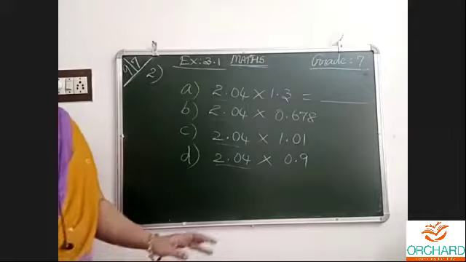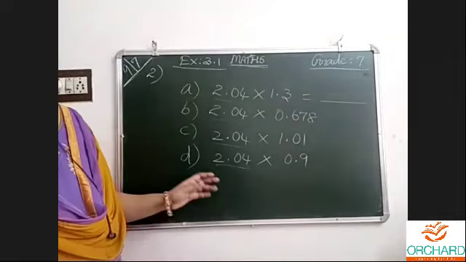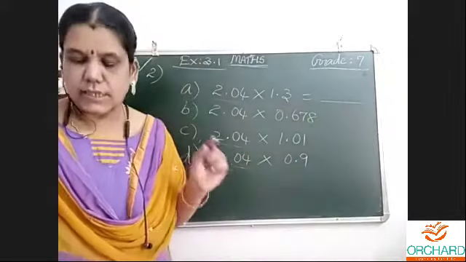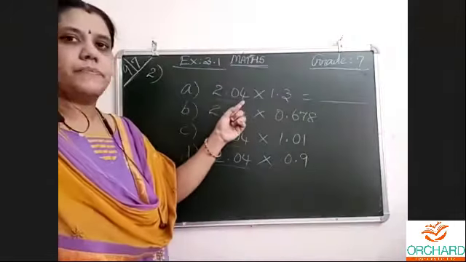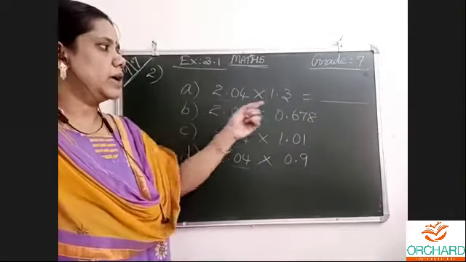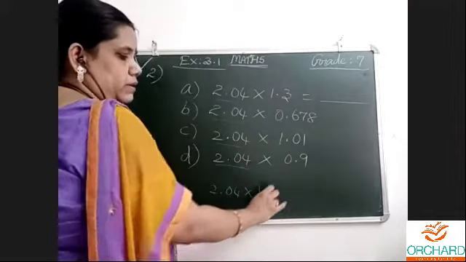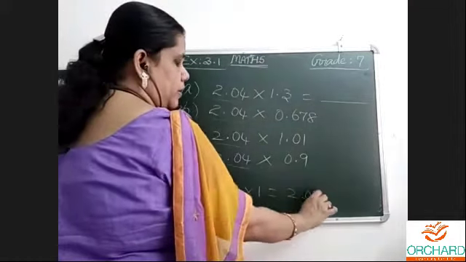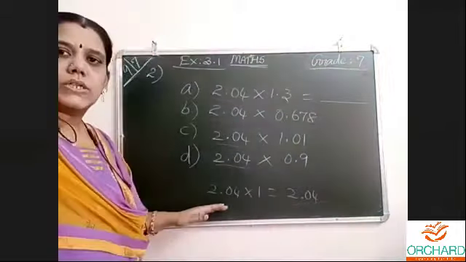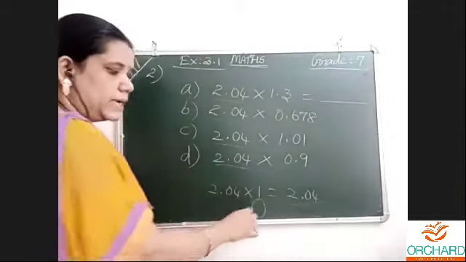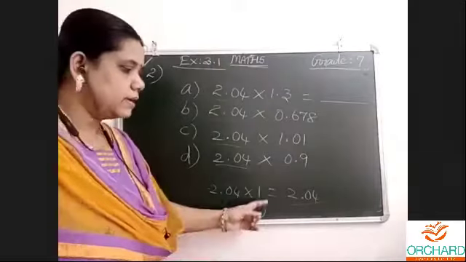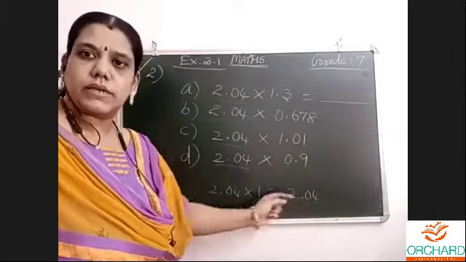Now, what they are asking is, when will we get the product that is larger than this number. When we multiply by 1, for example 2.04 multiplied by 1, we will get the same 2.04 only. So only when the numbers we multiply by are more than 1, the answer will be more, right?